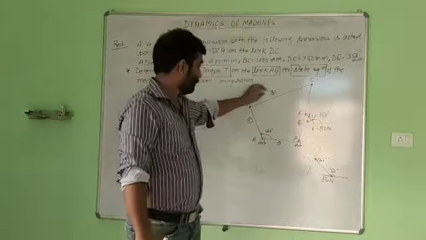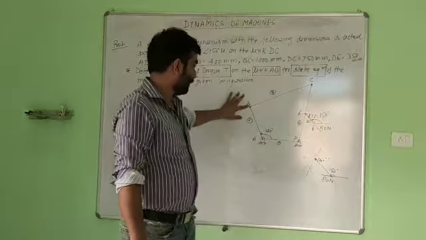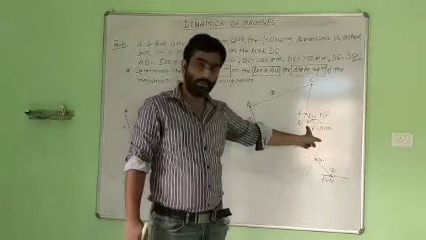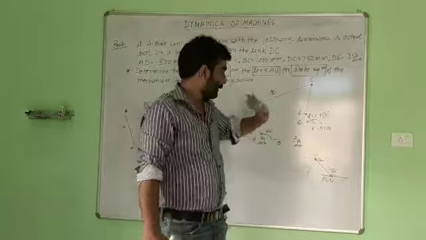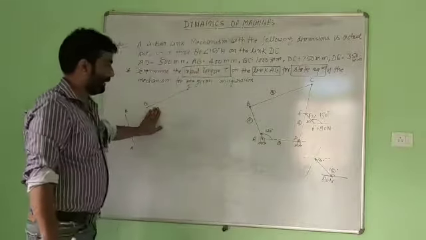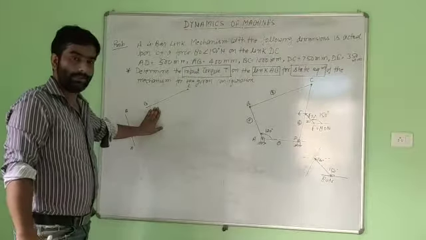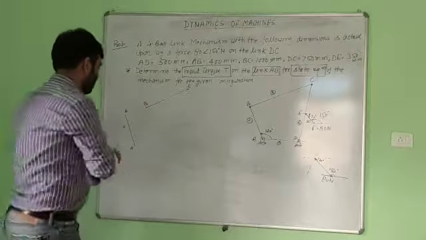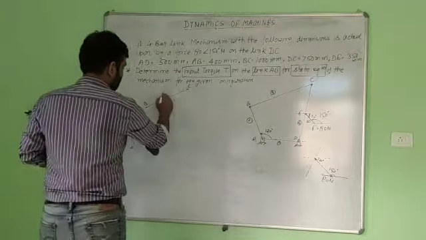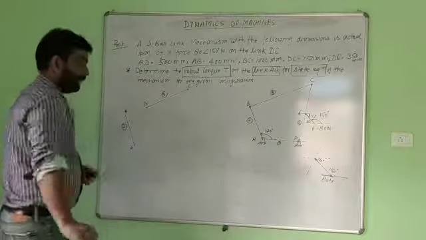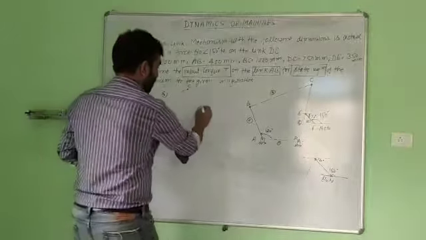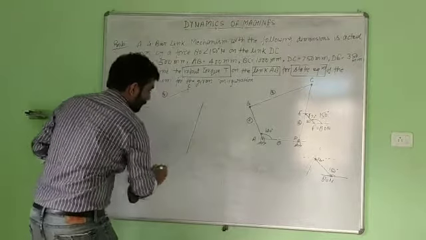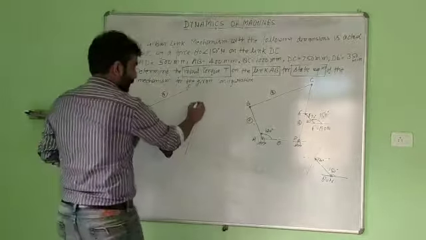Till now we don't have any magnitude and direction of these two forces, so just leave that one also. This is link number 3, this is link number 2. Now draw link number 4.